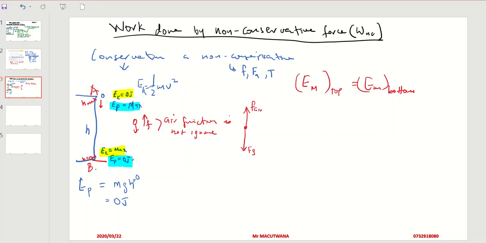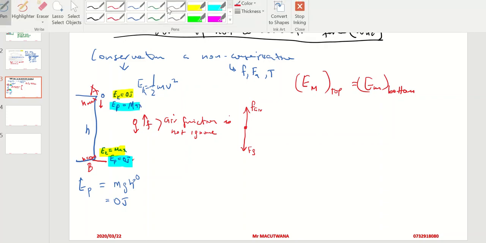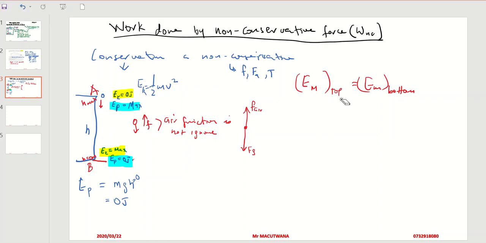Your ground will be point B, and where it started will be point A. So we can just change the top and bottom here to A and B.